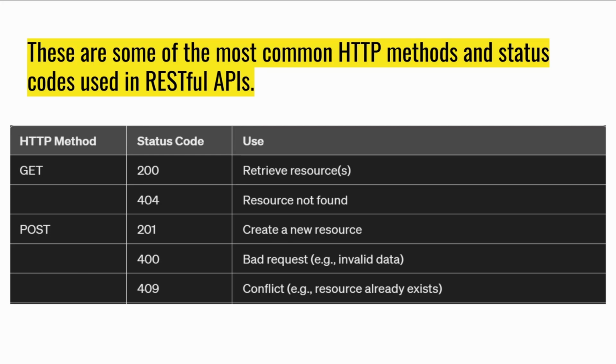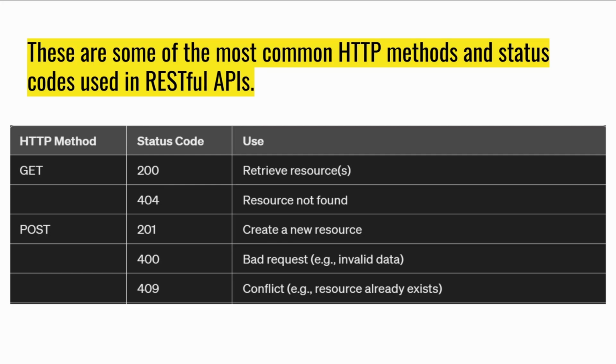So when a method is GET and has a status code of 200, it means retrieved resource. That is, it is a success. The request has passed successfully. And for a GET request, if a 404 comes, it means resource not found, which means the URL has responded that the resource requested is not available.